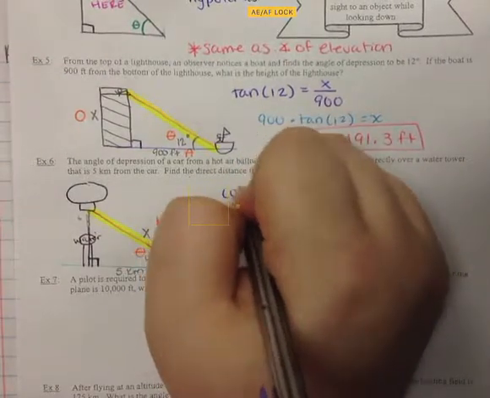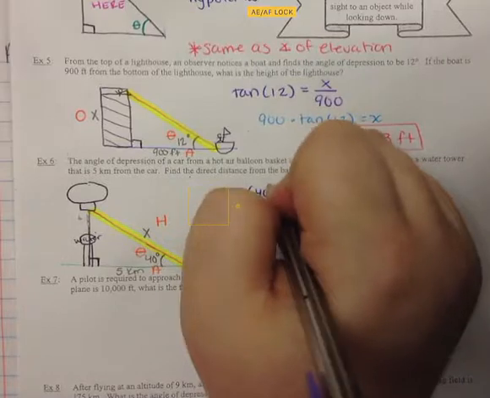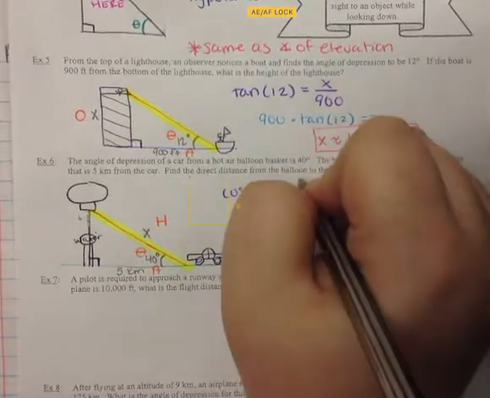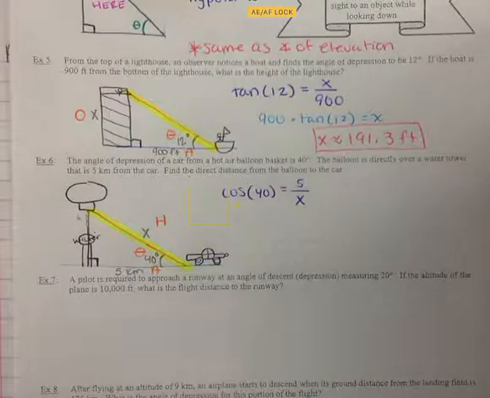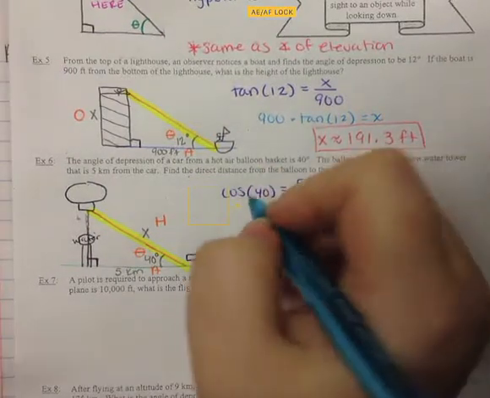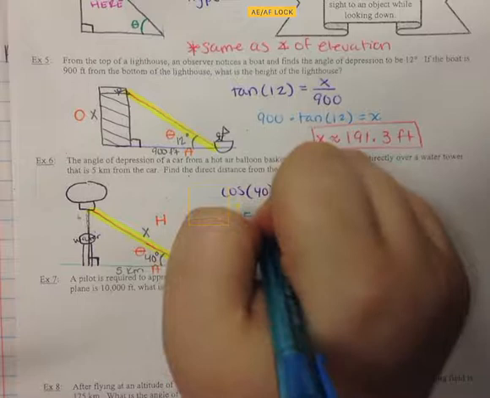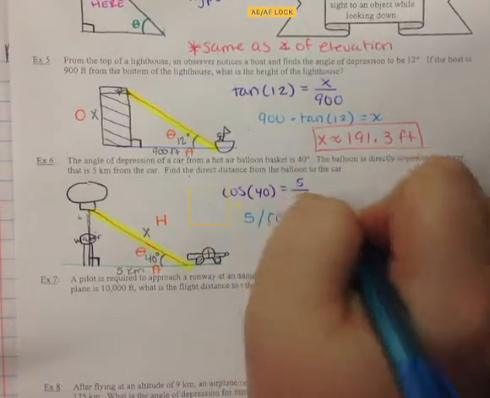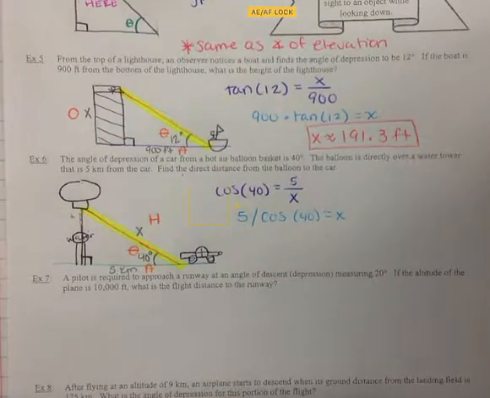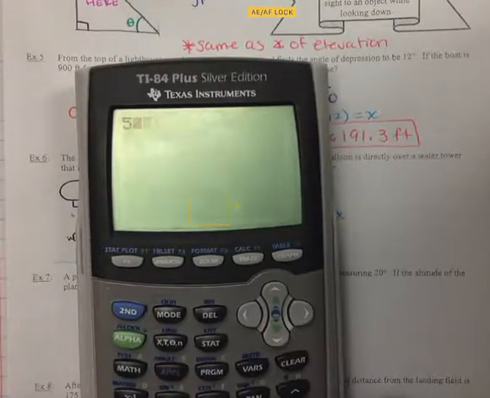So we have cosine of 40 degrees is equal to your adjacent, which is 5 kilometers, over your hypotenuse, which is x. You are given your numerator. That means you divide. So we take our numerator and divide it by our trig. 5 divided by cosine of 40 will equal x. So 5 divided by cosine of 40 degrees, close your parentheses.